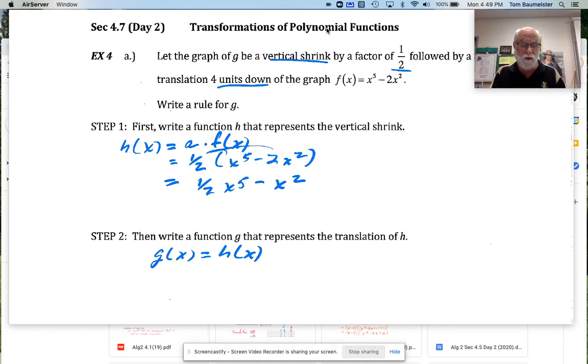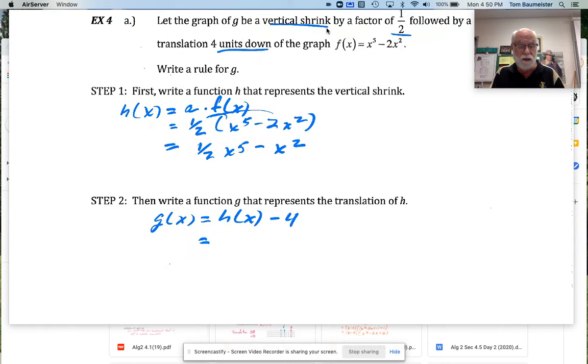Since it says it's up or down, remember that's going to go with the y, so it's going to go on the outside. We can just write whatever our h of x is there. It was 1/2 x to the 5th minus x squared. Then we're going to attach the -4 to it. And with this one, that's all we do. So that one's all done.